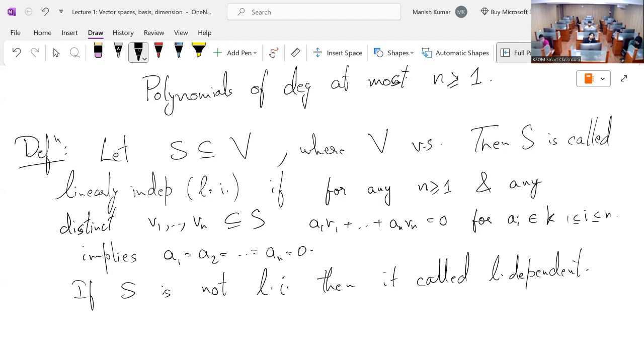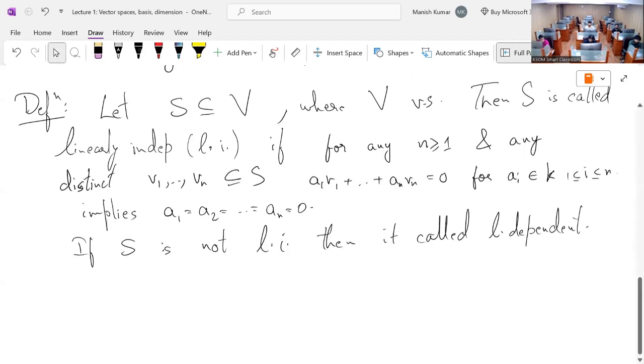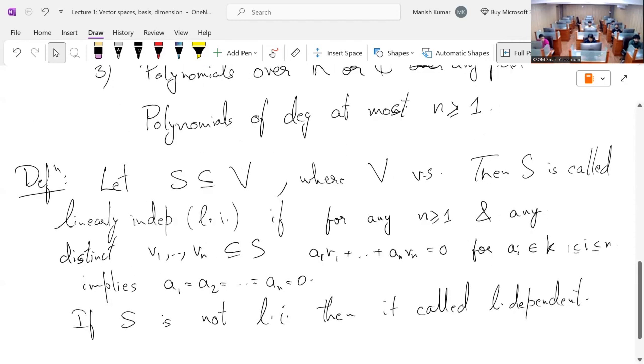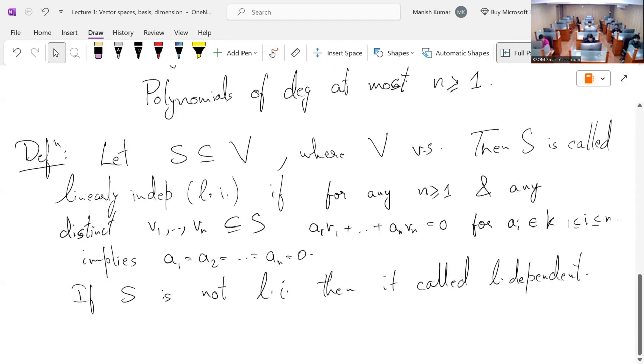And otherwise, you can also say a set is linearly dependent if one of them you can write as a linear combination of others, and say it's linearly independent if you can't do that. So that's another way of talking about linear independence. But I suppose you are familiar with these notions, so I'll not delve into it too much.